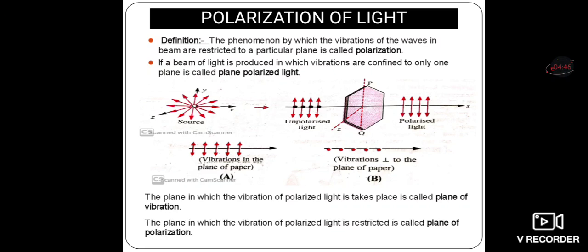And the next is the plane in which the vibration of polarized light is restricted, in which direction you are going to restrict, whether parallel or perpendicular. That restricted direction itself is called the plane of polarization.